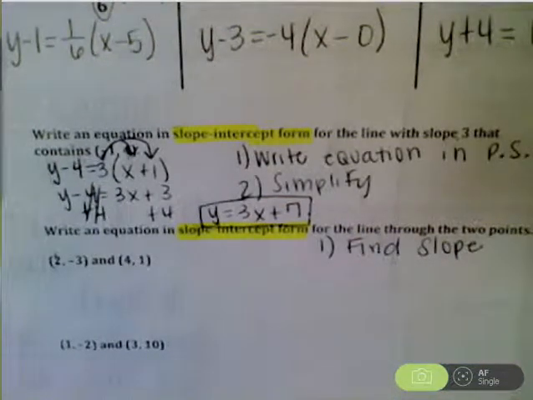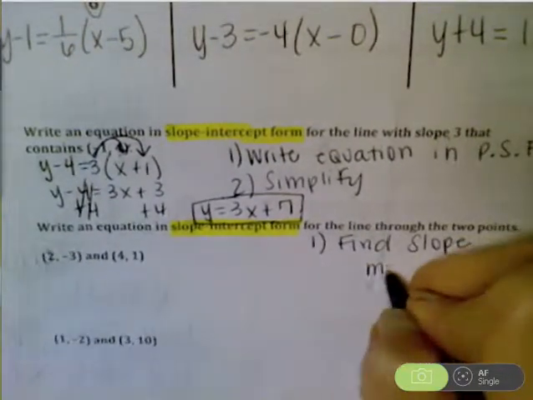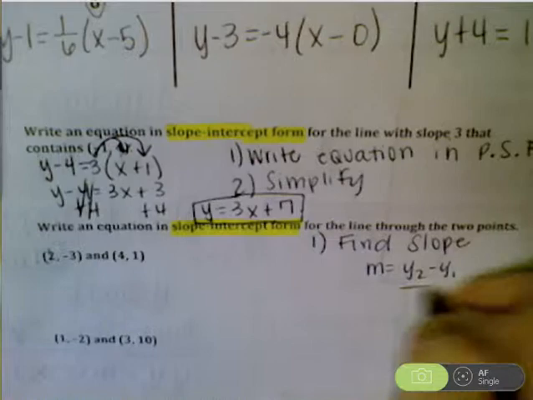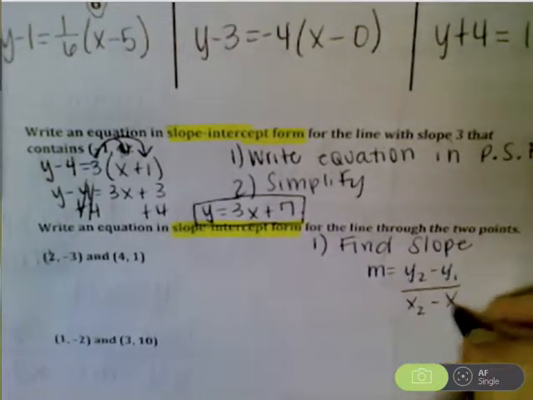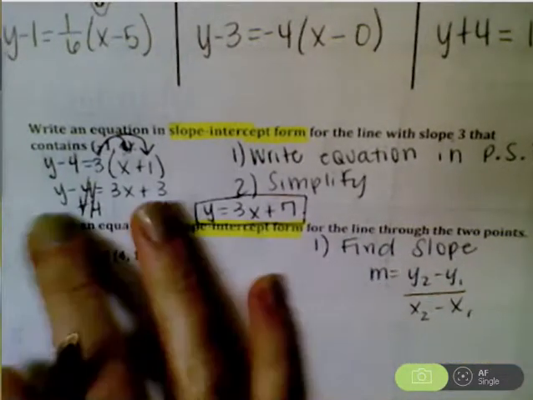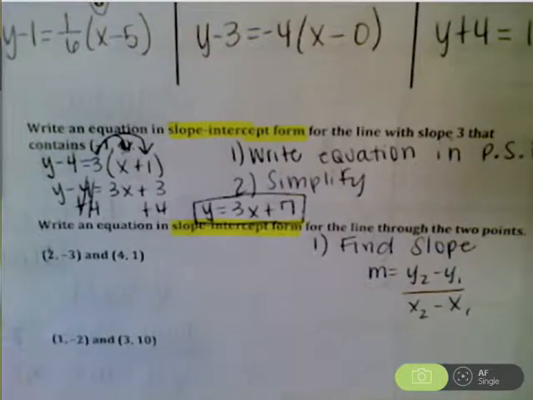Who can remember the equation for slope? Drew? m equals y2 minus y1 over x2 minus x1. Exactly right. So I can find slope easily from 2 points by just subtracting the difference in y's divided by the difference in x.